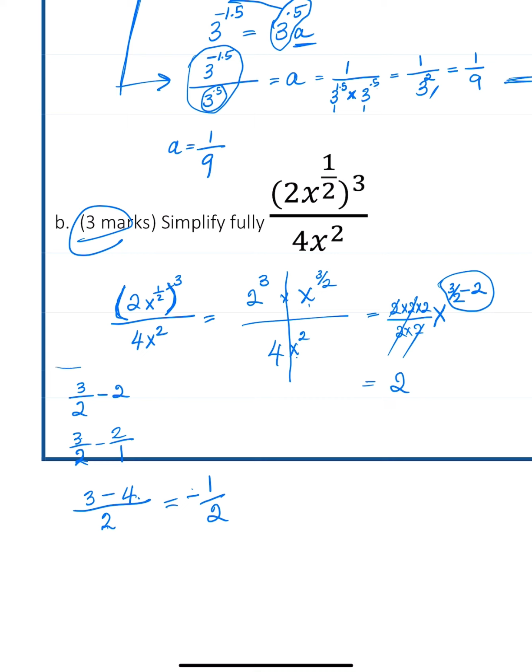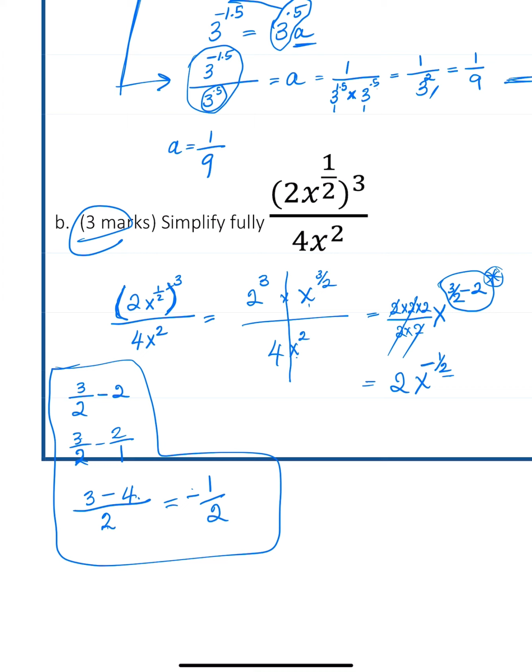So this is just a side step that we did to solve this little part. So let's write down our x, and then our negative 1 over 2. Half is a square root, right? 1/2 power is a square root.